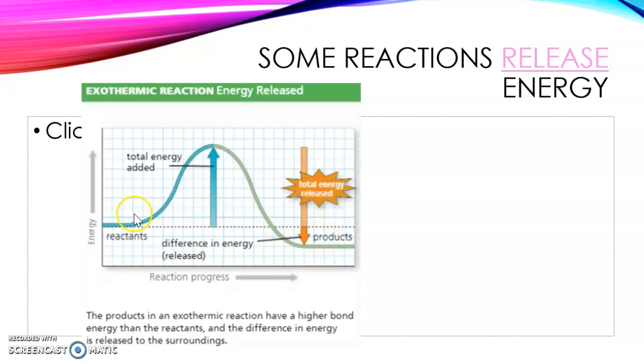That energy was in the reactants, but it was released. What was left were the products, which would have been some kind of burnt, sooty thing. That is an exothermic reaction. Energy is released.